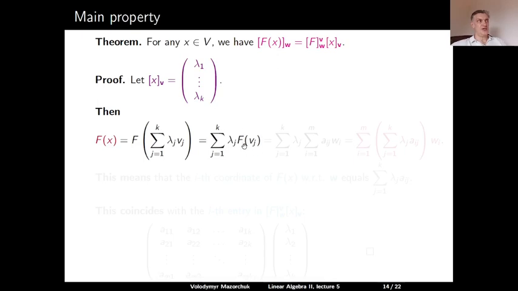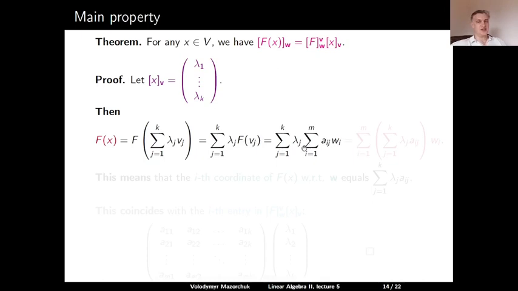But f of vj was something which we used to define the matrix of the linear map. So we know that f of vj is, by the previous slide, the sum over all i of aij times wi, because aij's are exactly the coordinates of f of vj in the basis bold w.